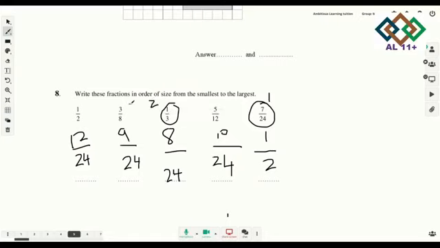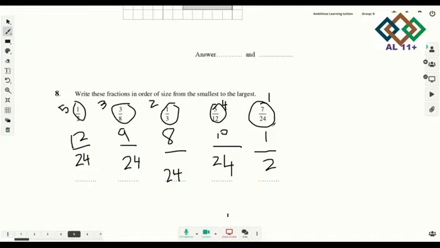Then would be 3/8. Then will be 5 by 12, this will be number 4. And the last one would be a half, that would be number 5.